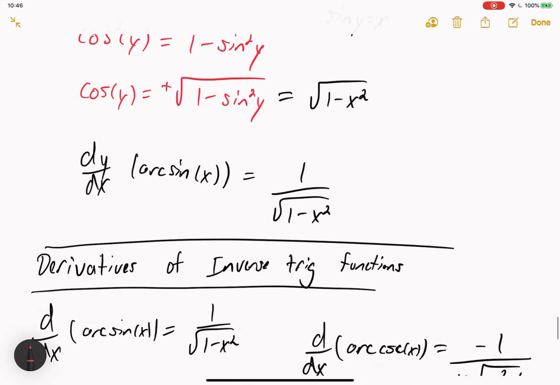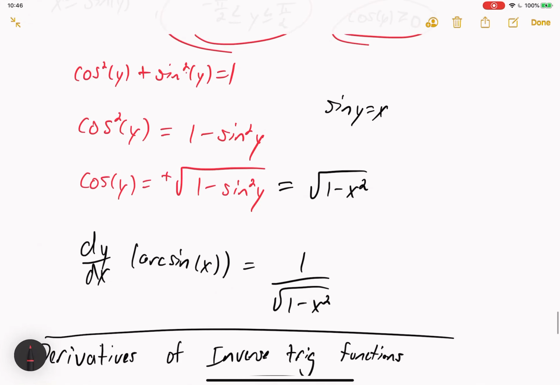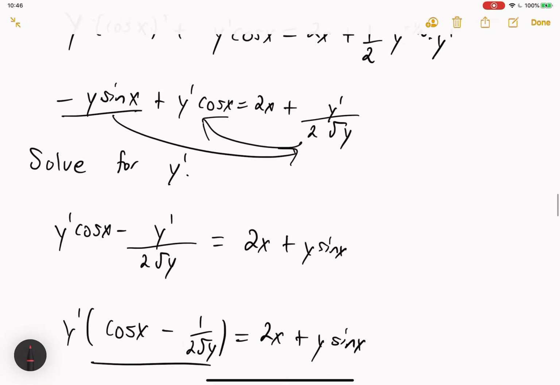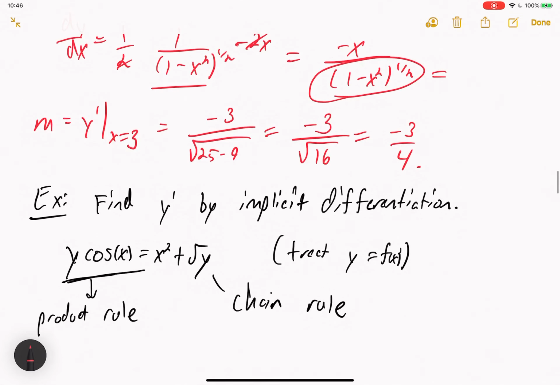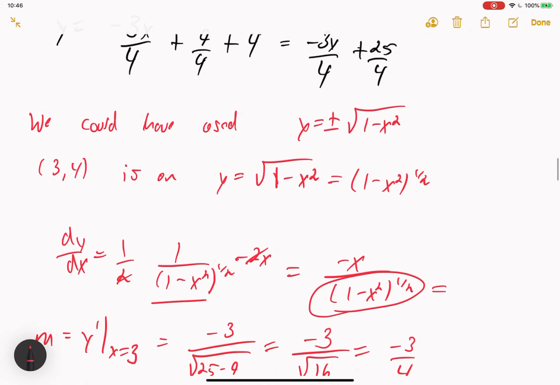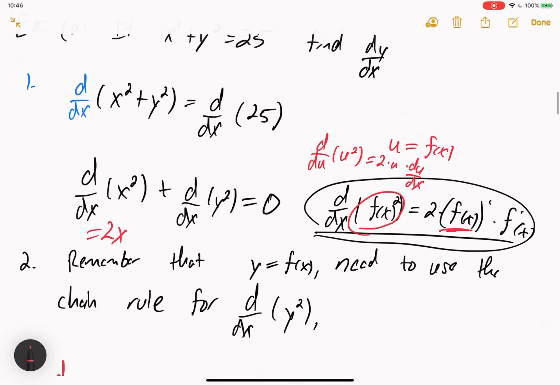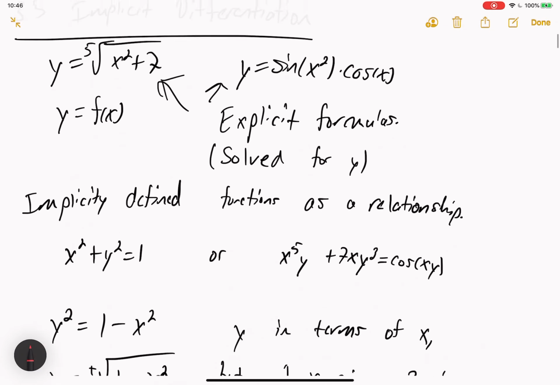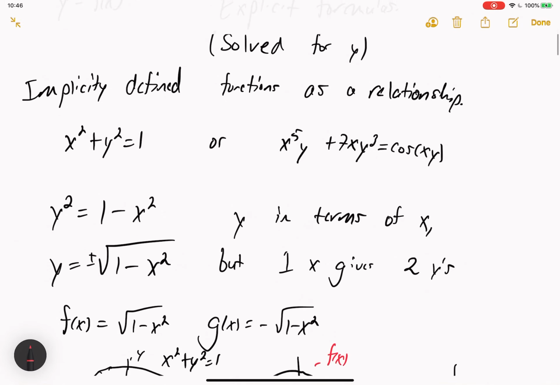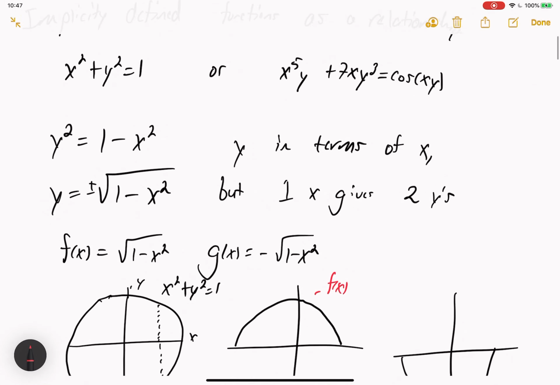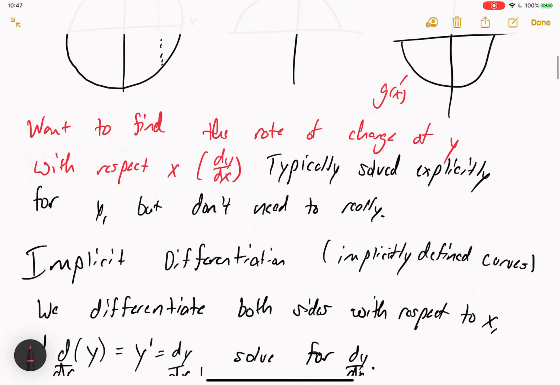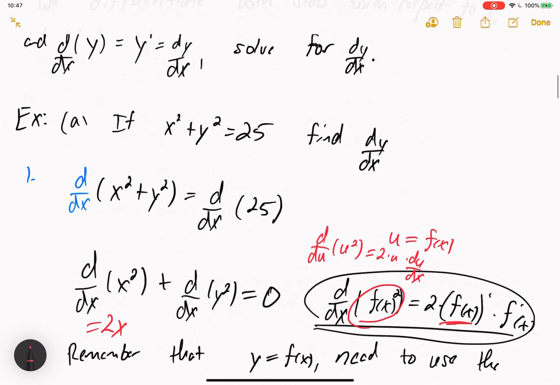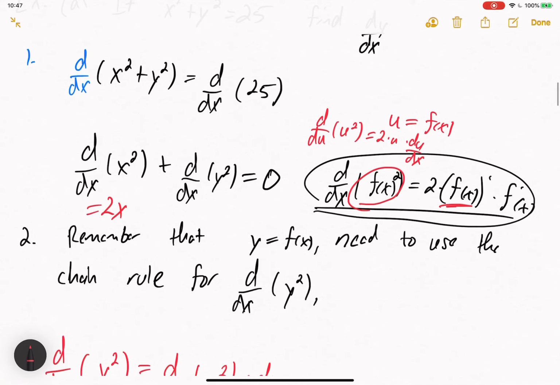Doing these isn't so bad, but the main thing here is knowing what implicit differentiation is. Implicit differentiation is basically just treating y as a function of x and using the chain rule. If you're having a bit of an issue understanding this so far, try not to worry about it too much, because it just takes a bit of practice, knowing what we're doing with y and why we're treating it as a variable.